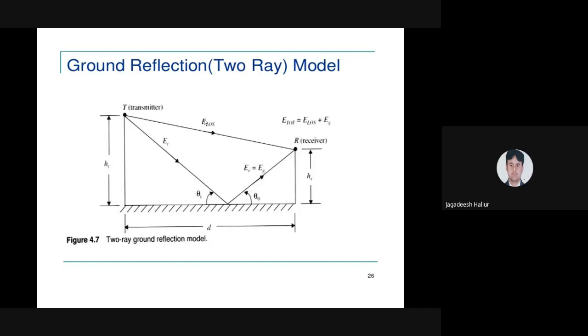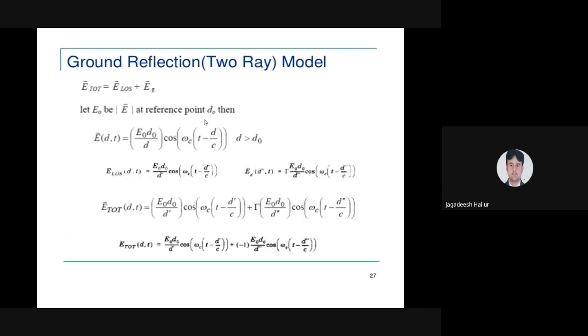There is a transmitter and receiver; the transmitter height is ht and the receiver height is hr. Similarly, there is one main equation. Using that main equation, we use the two-ray model. These two rays have to be substituted in the main equation, so you can get the equation of the total electric field.